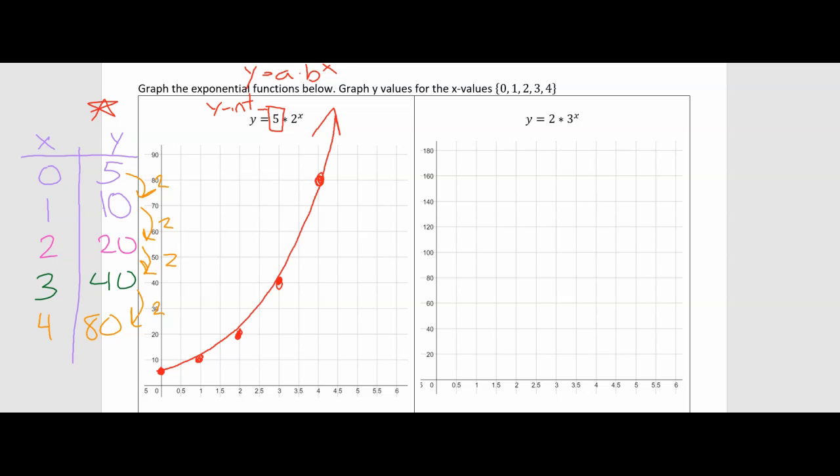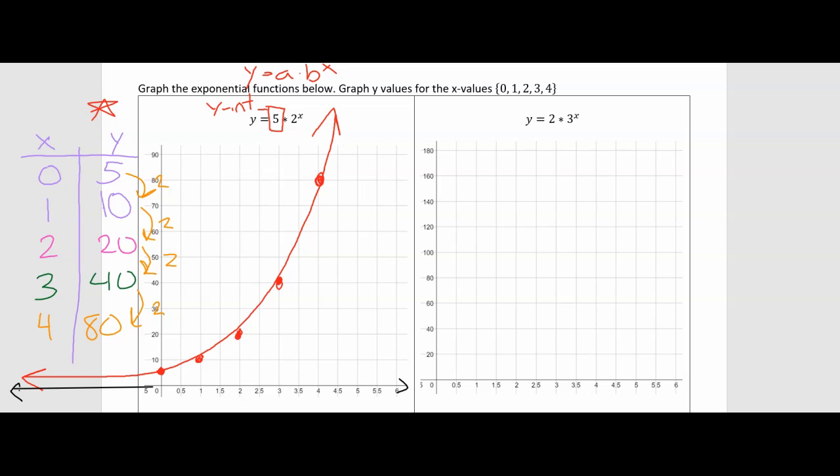And to be fair, this would actually continue this way. We're not doing a word problem where numbers can't be negative. So our function would continue off to the left like that. It is important to note that while the function does continue to the left, and I'm just extending the x-axis here, our function would never cross the x-axis.